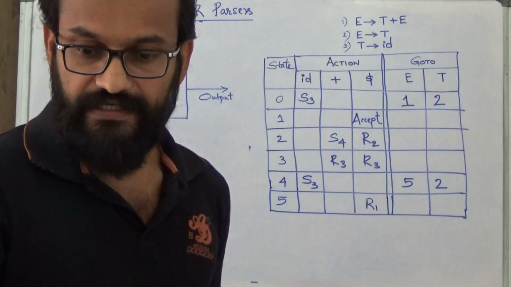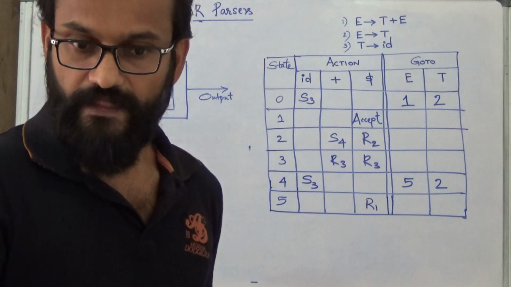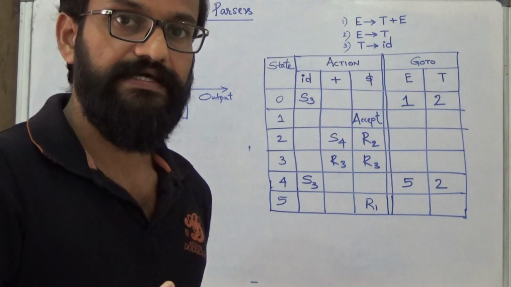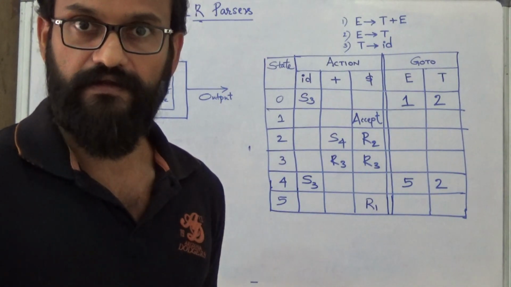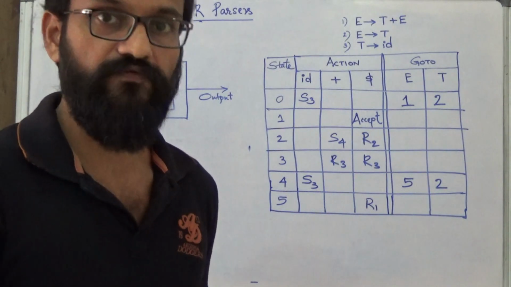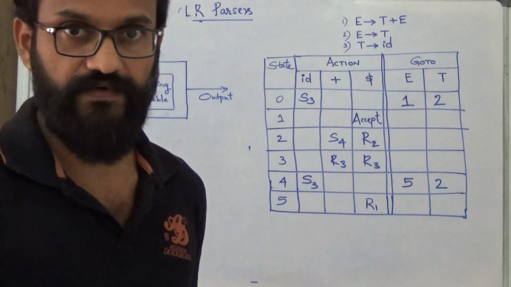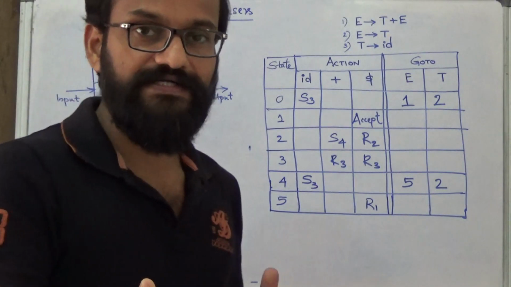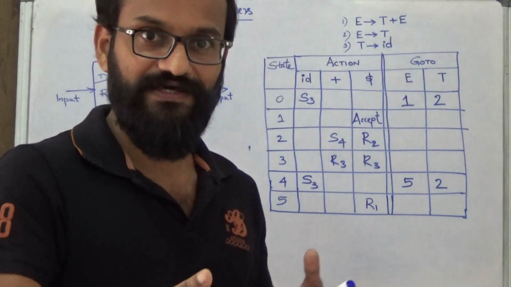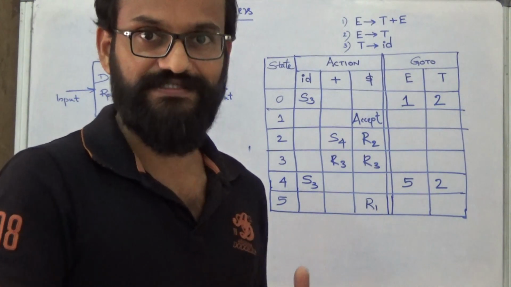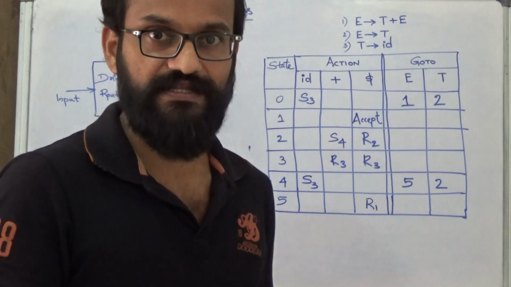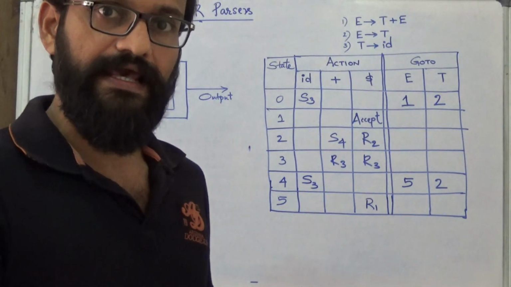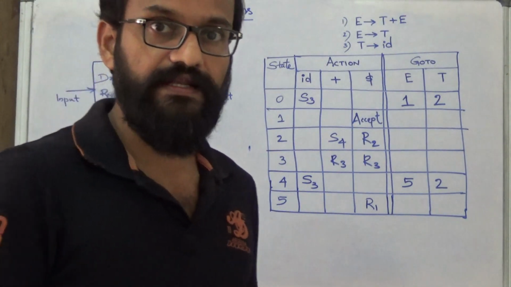If you want to design an LR parser, you can design SLR, CLR or LALR depending upon the type of the grammar. For all grammars you cannot design an SLR parser. If you insert the parsing table corresponding to SLR into the LR parser, then that parser turns into an SLR parser. Or if the parsing table is LALR, then you can call that parser an LALR parser.